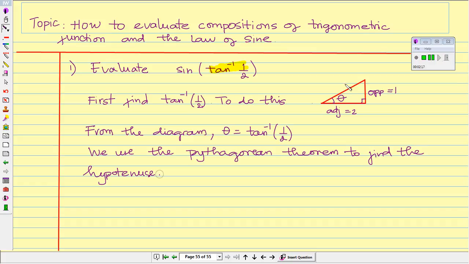So I'm going to call this C. So we do 2 squared plus 1 squared equals C squared, and C is our hypotenuse. So that will give us 5 equals C squared, or square root of 5 equals C.